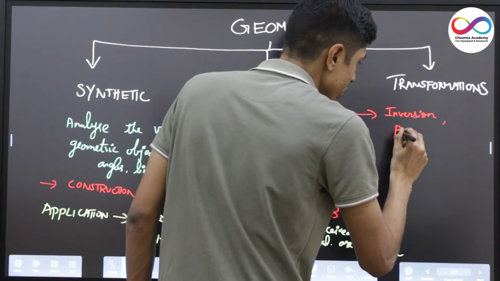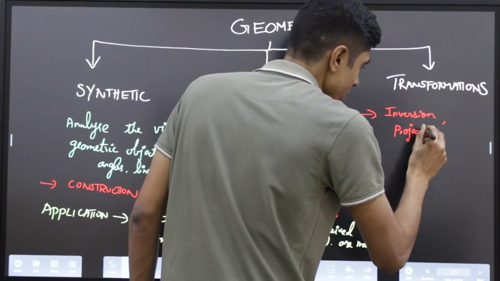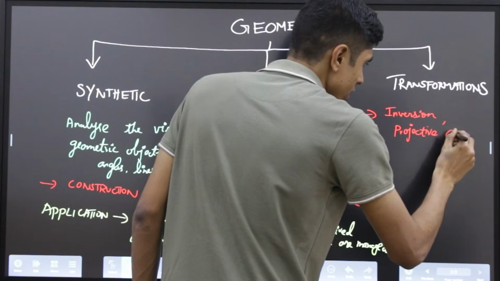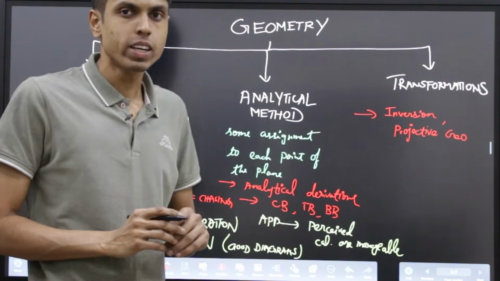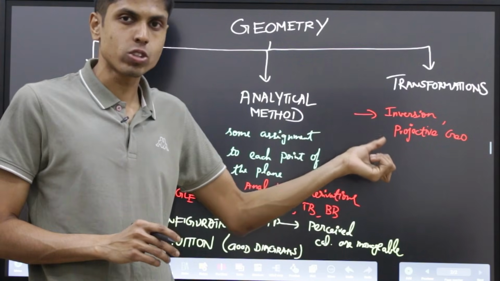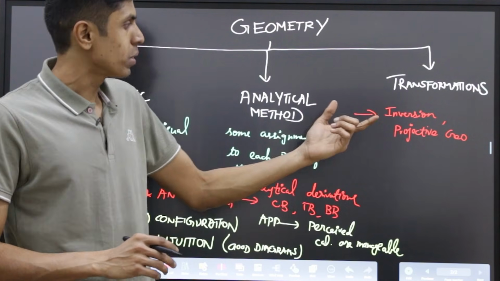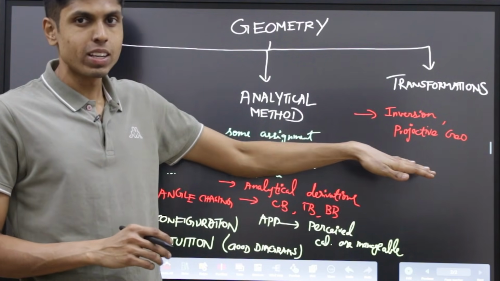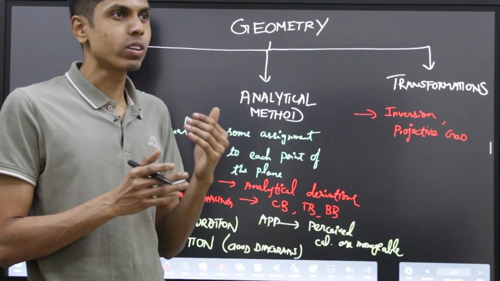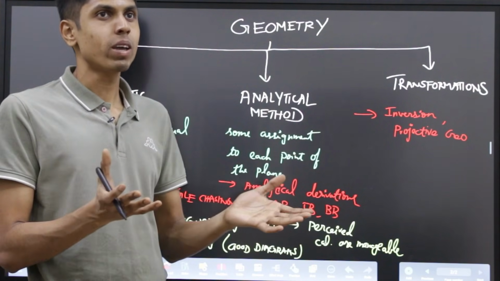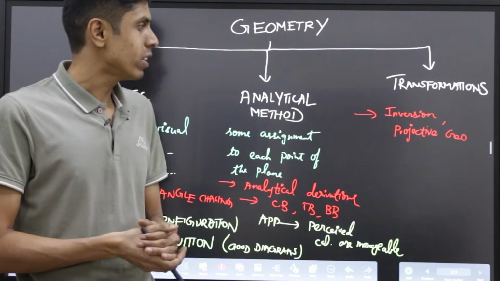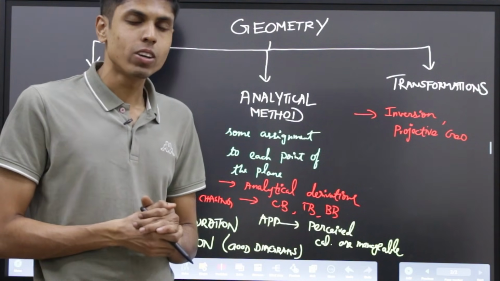We can have projective geometry. I can talk a little bit more on projective geometry. This is my favorite method of solving geometry problems because it has a lot of applications. Whenever I have a lot of concurrent lines and lines that go beyond my point of perception, I tend to use projective geometry, and you know what?